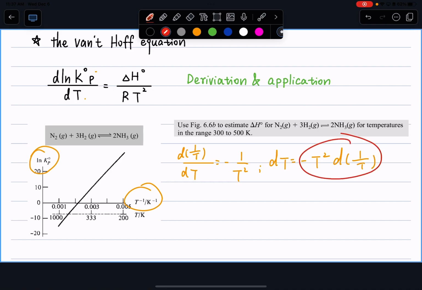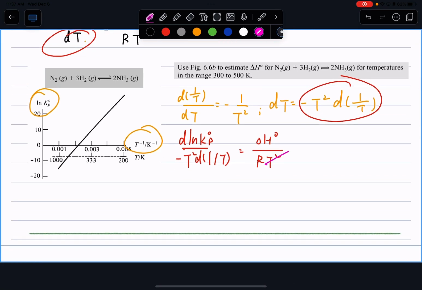If we put this inside here, what we end up getting is d ln Kp naught over negative T squared d(1/T) equals delta H naught over RT squared. And your T squared will cancel out, so it gives you a much more straightforward expression: d ln Kp naught over d(1/T) equals negative delta H naught over R.